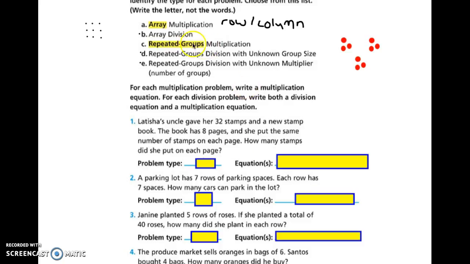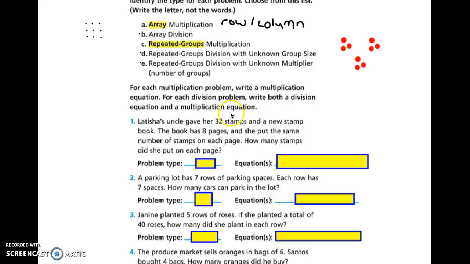And then I know it's not an array division because we're not talking about rows and columns, so that eliminates that one. So now it's really down to D and E here. I have to decide, do I not know the number of things in each group for D, or do I not know the total number of groups?